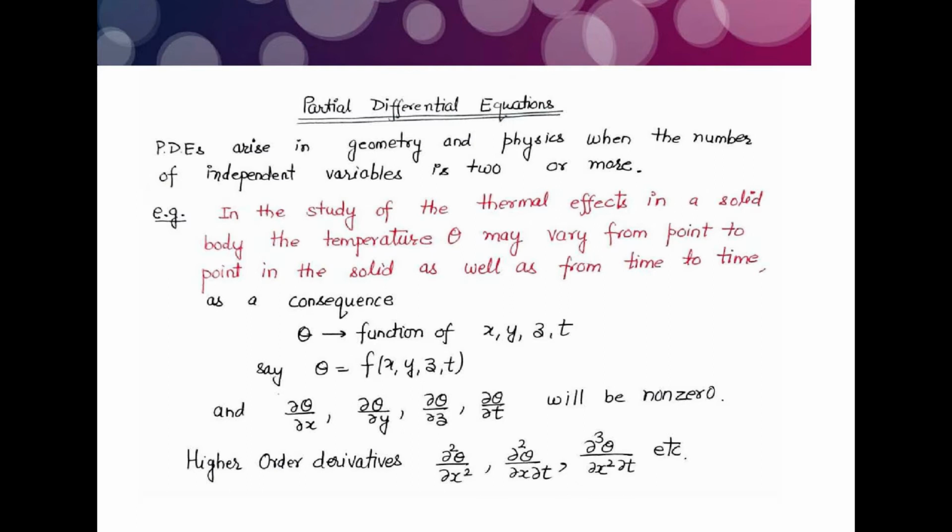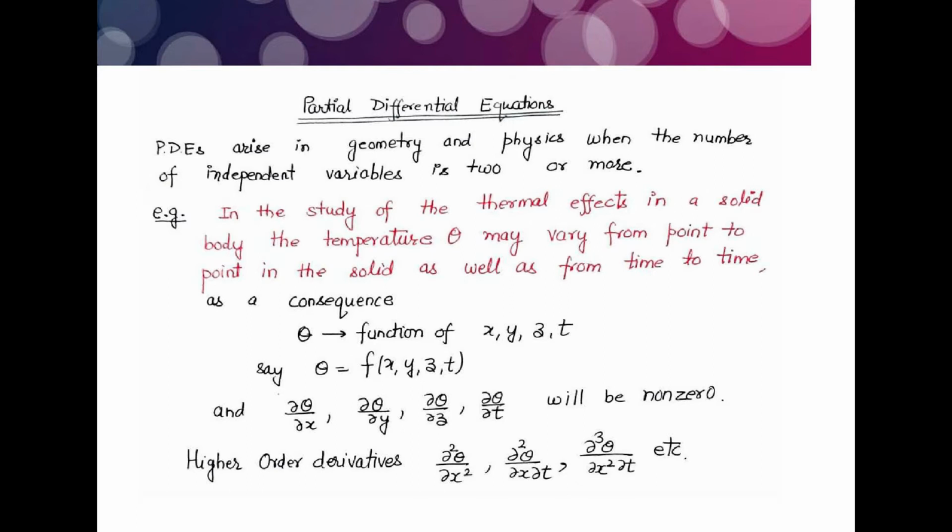For example, we want to study the temperature at any point in a solid or at any place. Then the temperature may vary from point to point in a solid as well as from time to time.